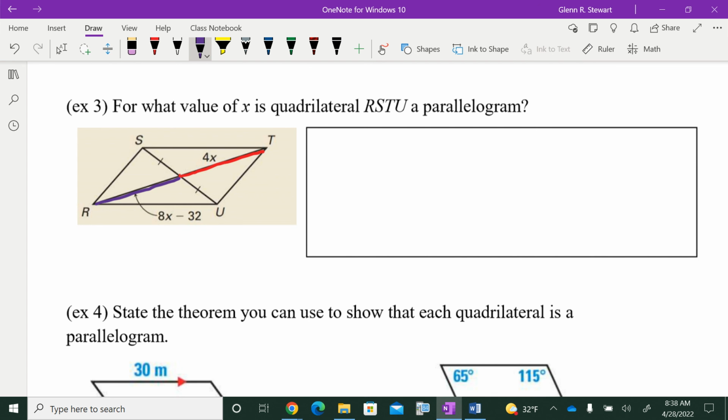What about diagonals do we know is true? We talked about it at the very beginning of class. They're always bisecting. So we could actually say here that 8x minus 32 is equal to 4x.